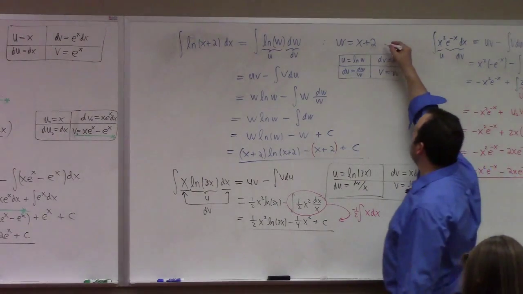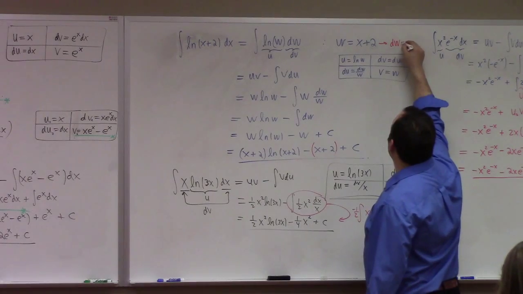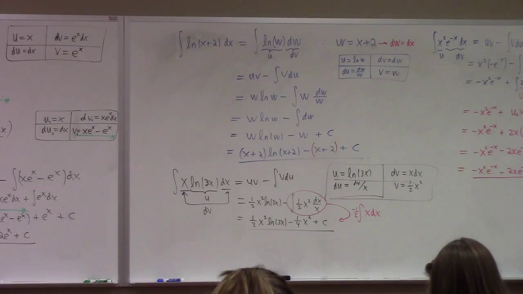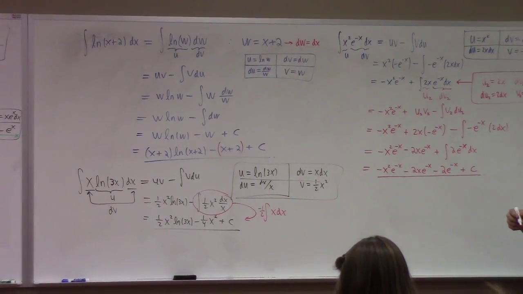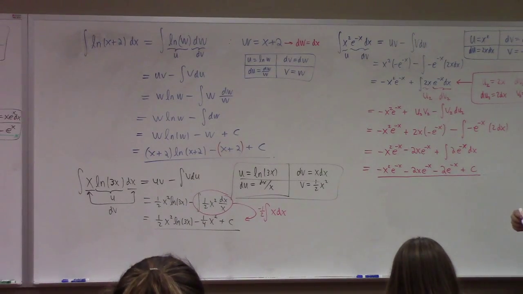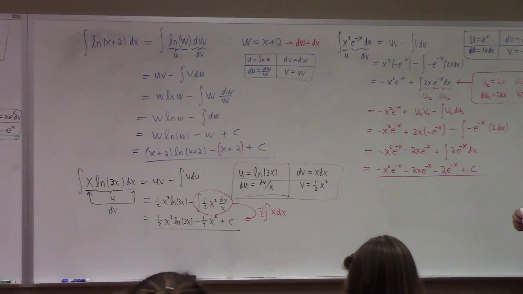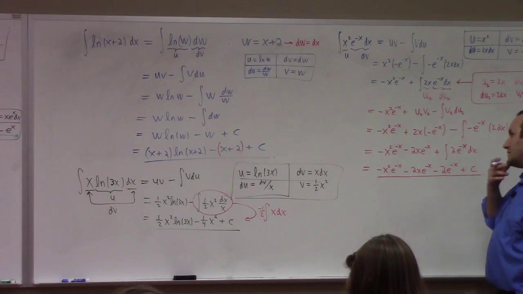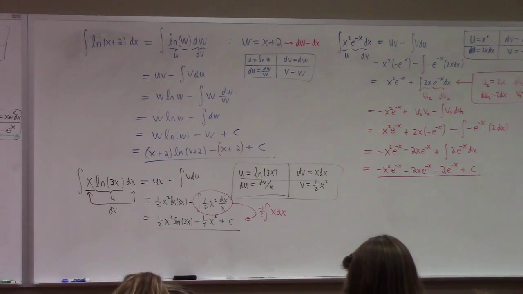If w is equal to x plus 2, this says that dw is equal to dx, right? Would that work if you had x squared plus 2x? Would you say the same thing? No. Only if you have x plus some number. When you take the derivative, dw/dx is just 1, right? Okay. Thank you.